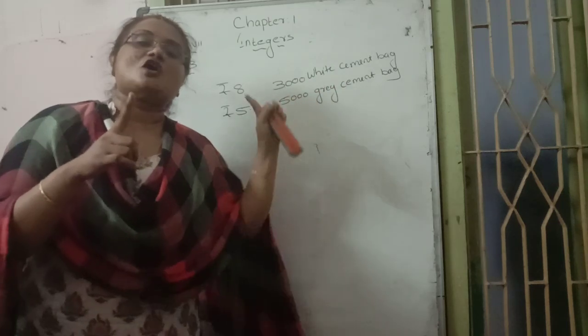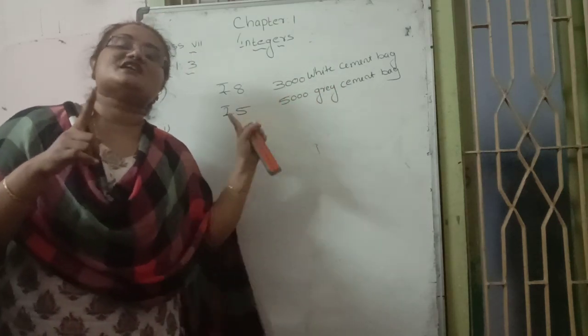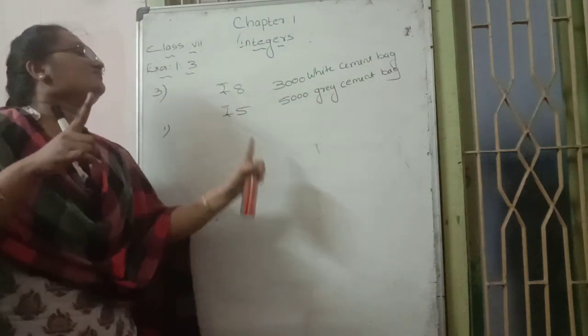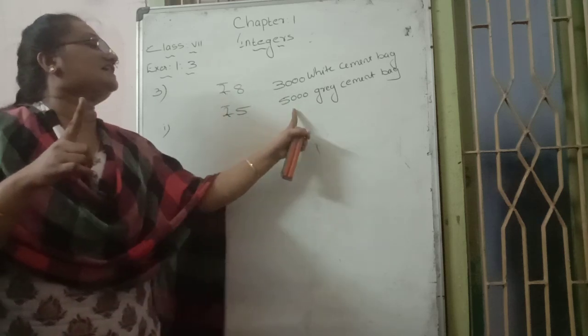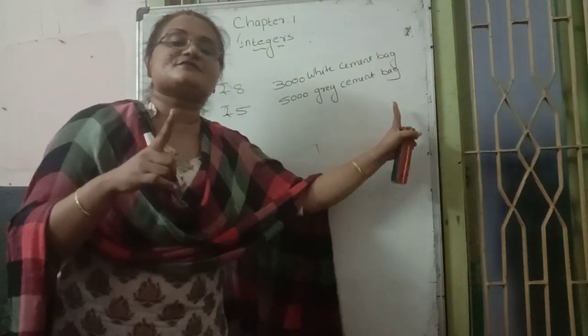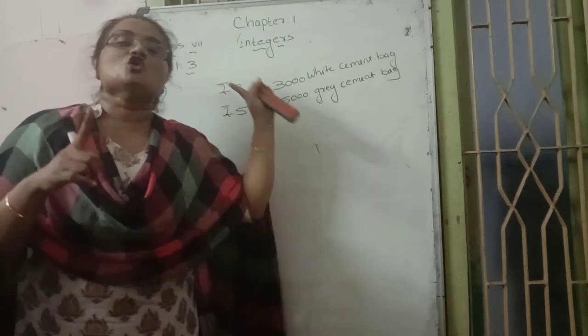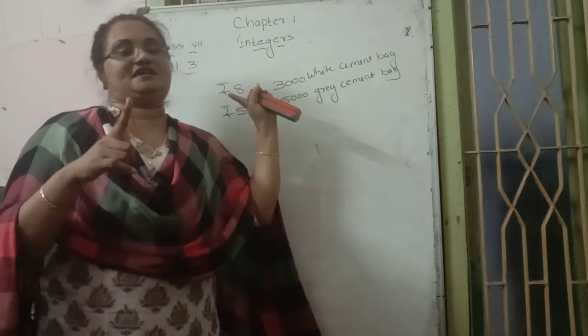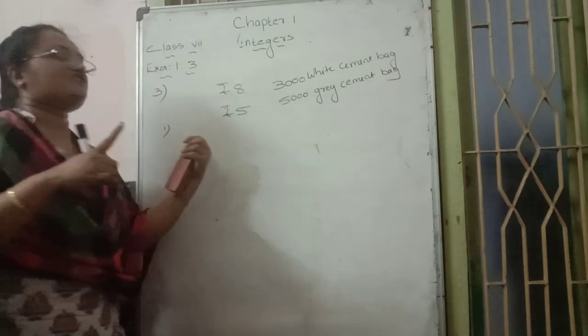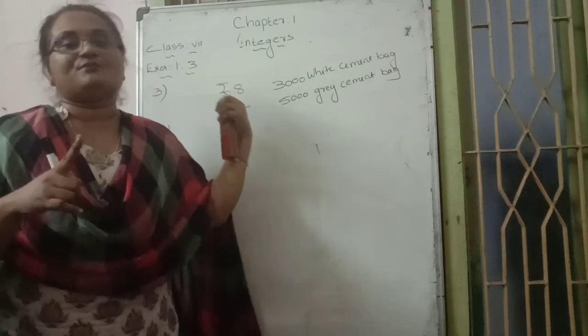At that time how much rupees profit is that company getting? Same way, suppose in that same month 5,000 grey cement bags sold, how much rupees loss is happening? So find out. That is the first part of that word problem asking.